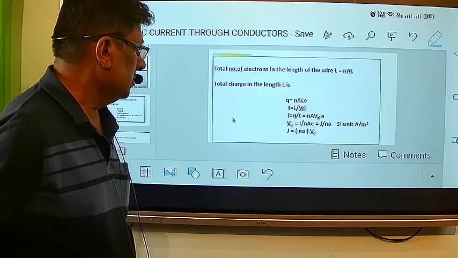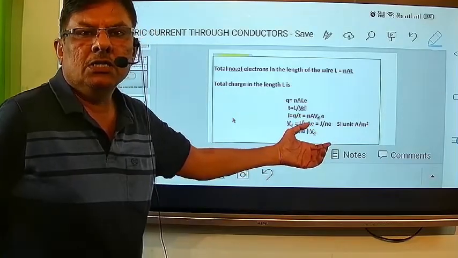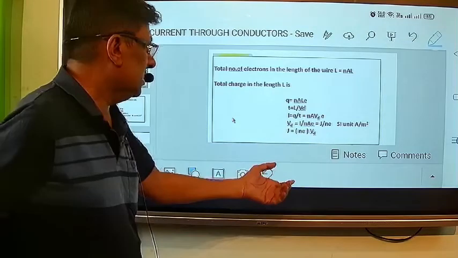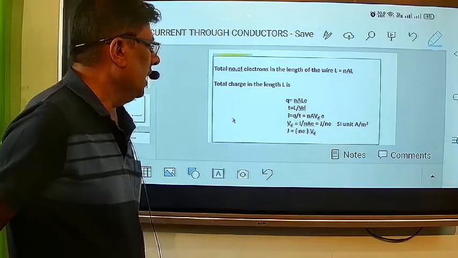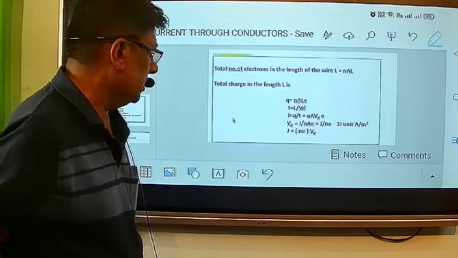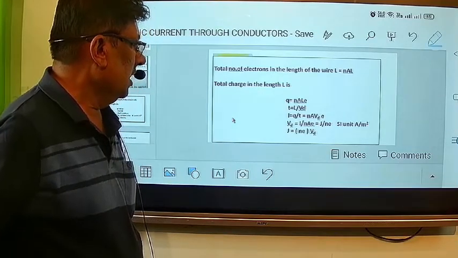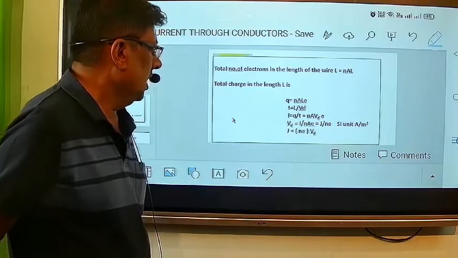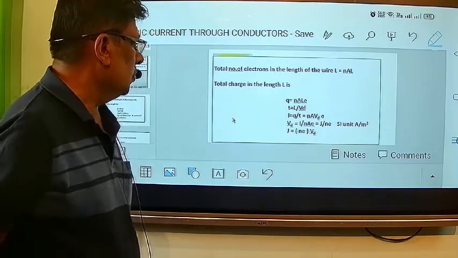Now if I want the equation in the form of current density, it changes to J is equal to Ne multiplied by drift velocity. The SI unit of this is ampere per meter square.